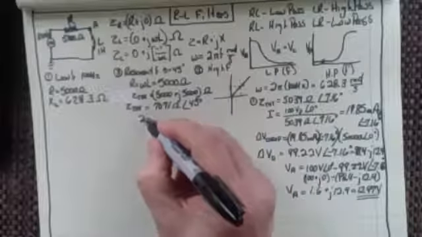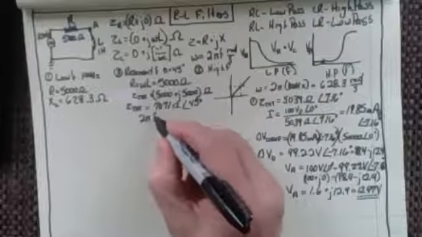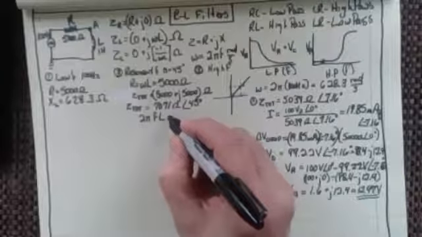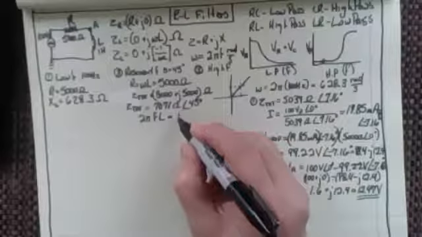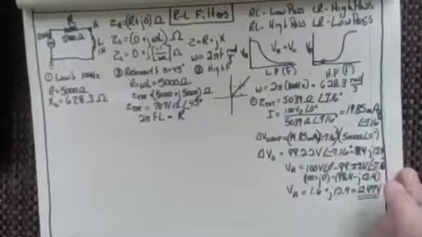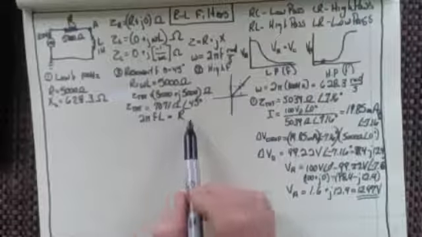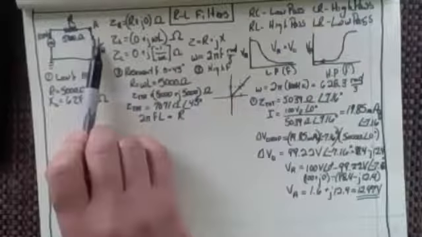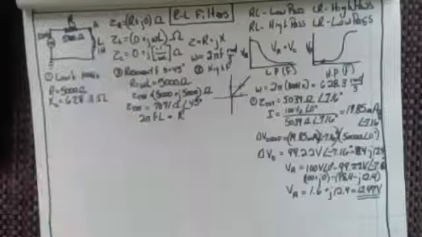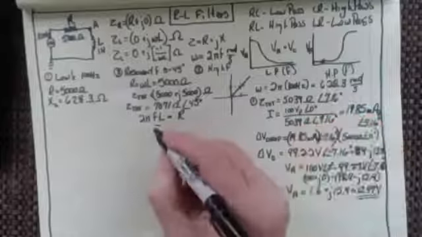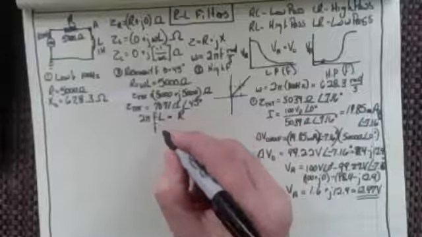So let's do that. 2 pi f L equals R. Isn't that right? Isn't omega L 2 pi f L equals R? And isn't that what we're saying at this special frequency that we've got here, where the resistance and the reactance of the inductor are exactly the same? Well, let's find out what that special frequency is.